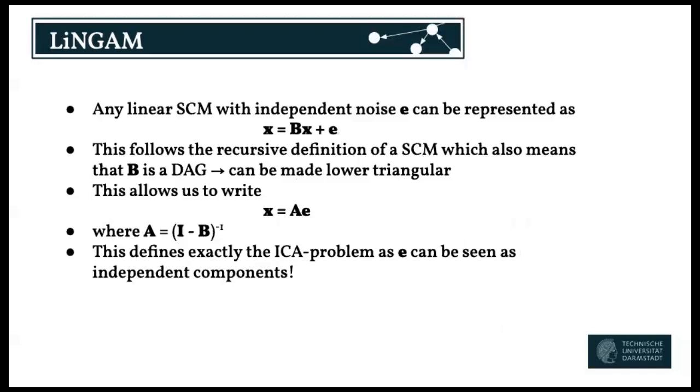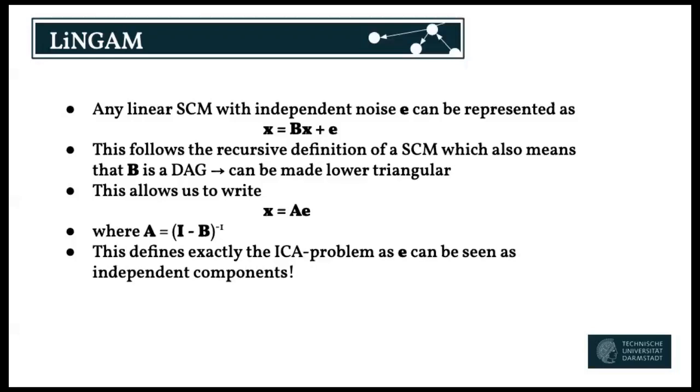So we assume linear SCMs. We have, again, this independent noise, the independent noise variables. We have a matrix describing how the variables are connected with each other. And this is simply a matrix formulation of this, and we will see an example on the next slide. And we can also say that B represents a DAG.